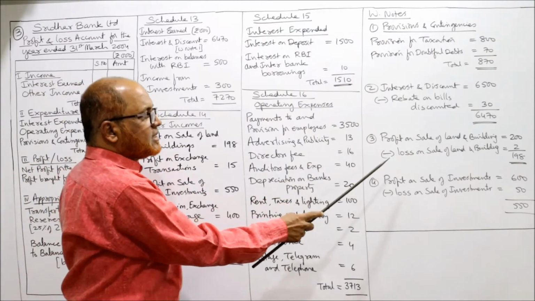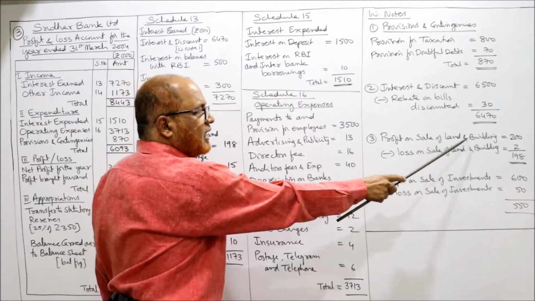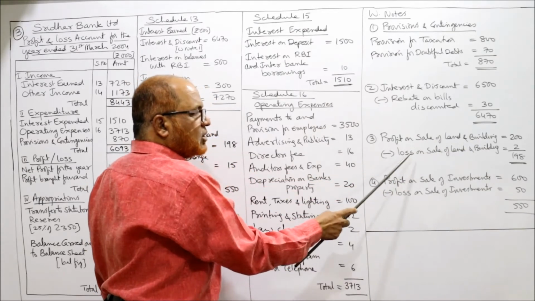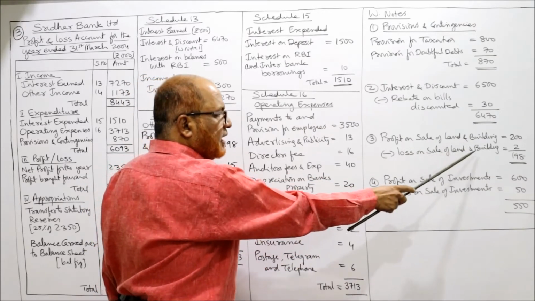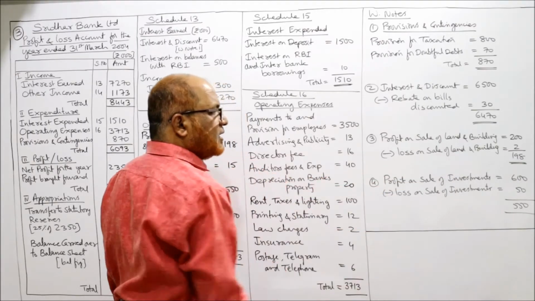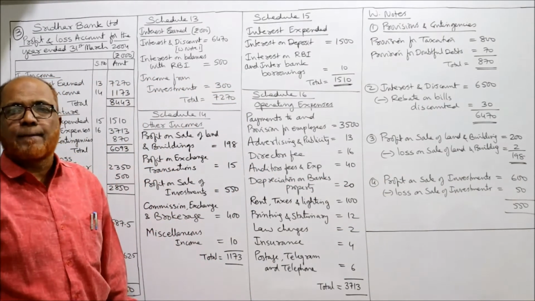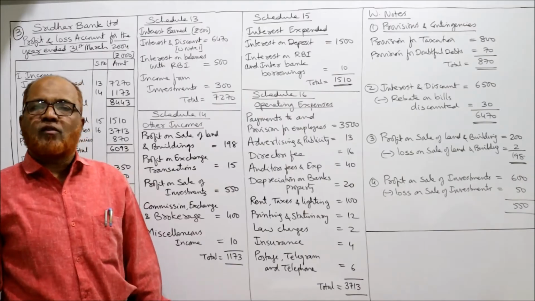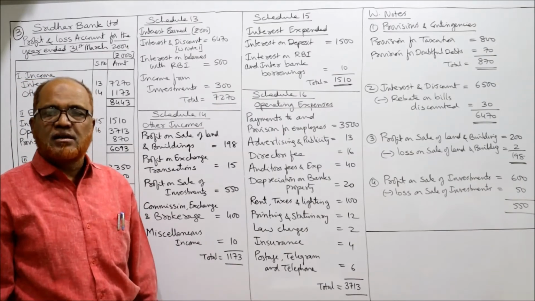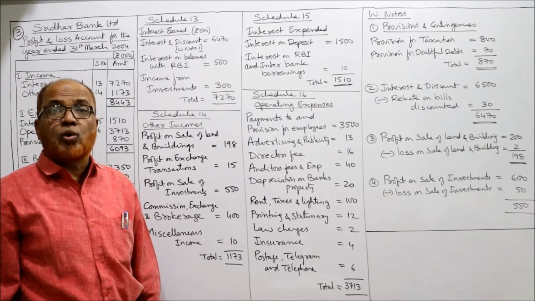Profit on sale of land, building and other assets 200 minus loss on sale of land, building and other assets 2, so 200 minus 2 is 198. This is the net amount of profit on sale of land, building and other assets. It should be taken under schedule number 14, other income.